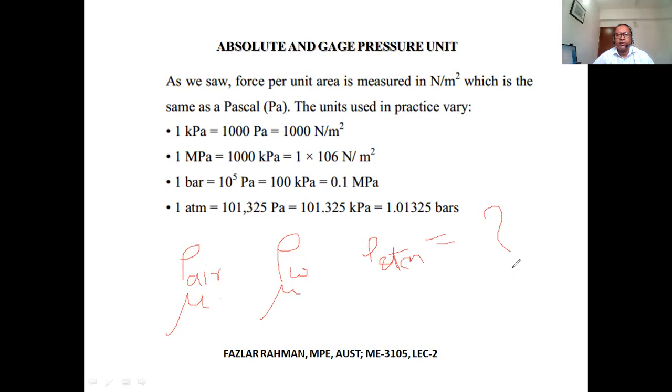Another thing you need to know: what is the standard room temperature? And the density at that temperature will be enough. One more thing you need to know: widely we use mercury in the manometer. So what is the density of the mercury?